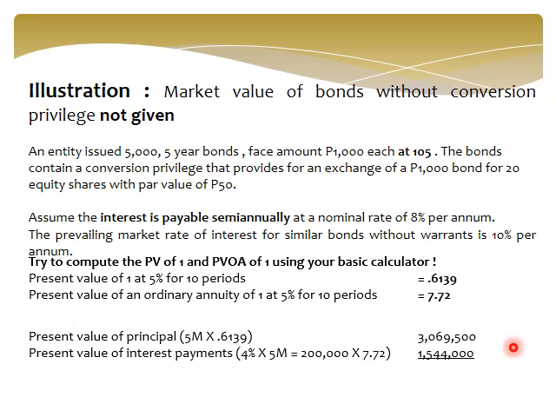So, we have 1,544,000 present value of interest payments. So, the total present value or market value of the bonds is 4,613,500.